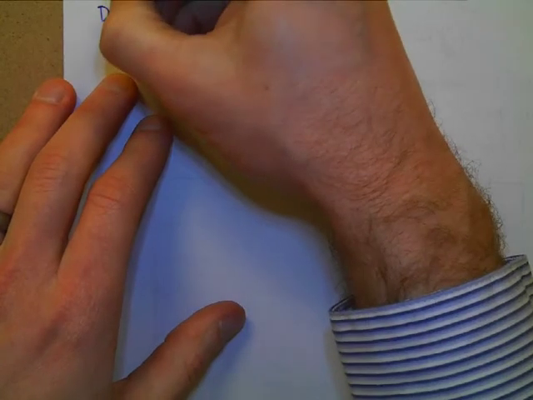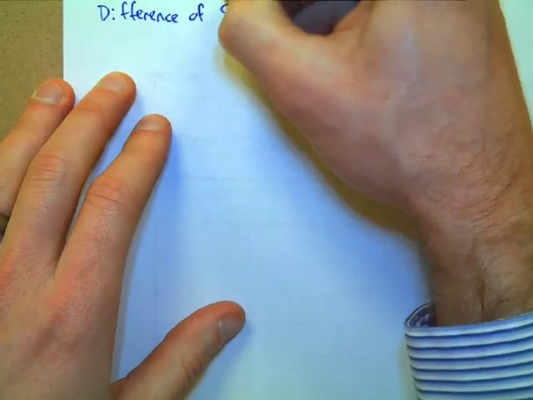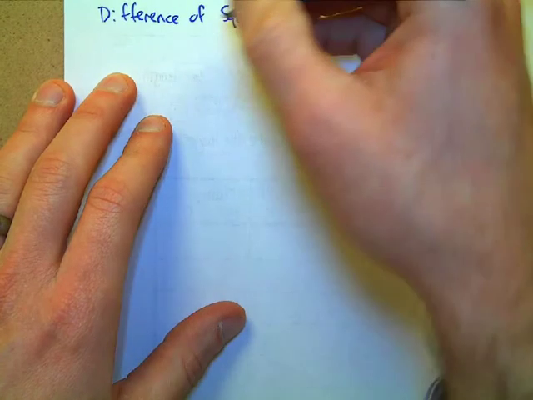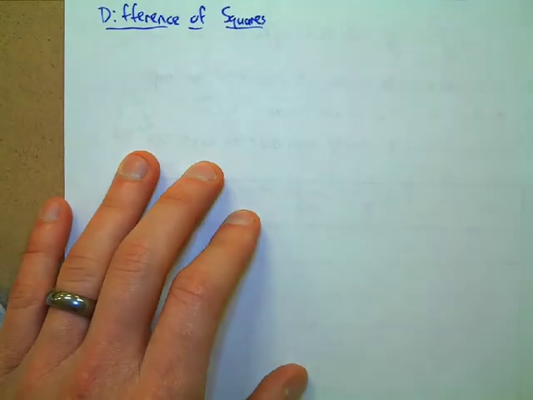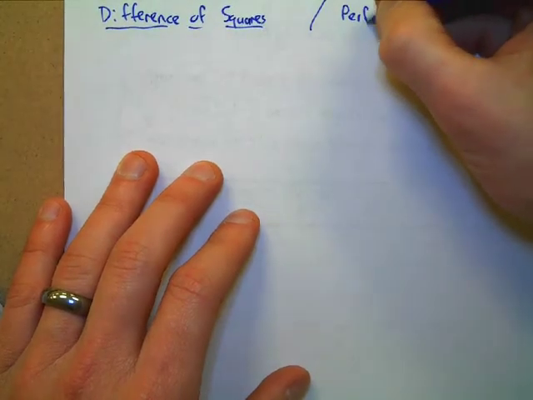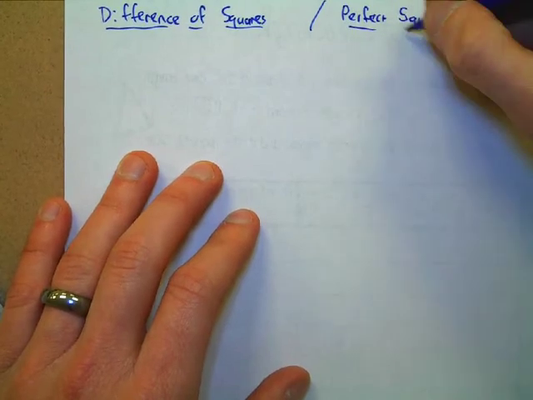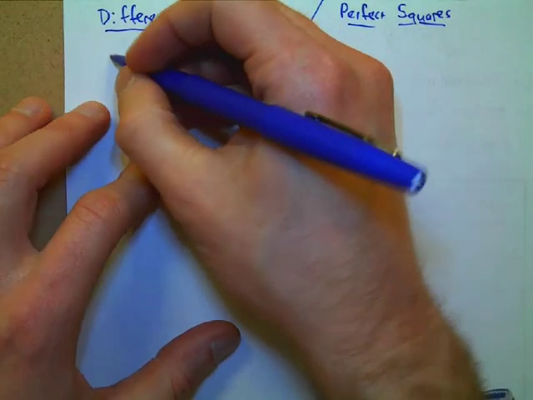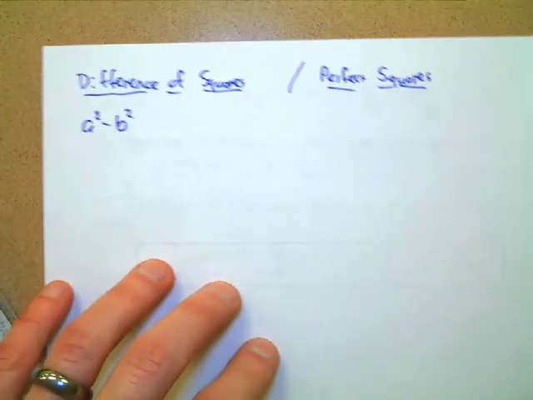So we'll talk about difference of squares, and also perfect squares too. For example, difference of squares, the classic formula here.